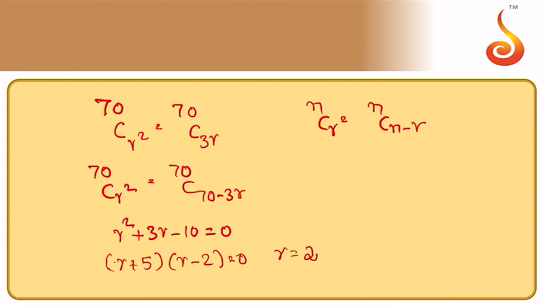Just a minute. r square plus 3r is equal to 70. Or we can write this as 70C(r square) is equal to 70C(70 minus 3r). This is also correct. r square plus 3r minus 70. The factors will be, let me check it. r equal to 2 means 70C4.